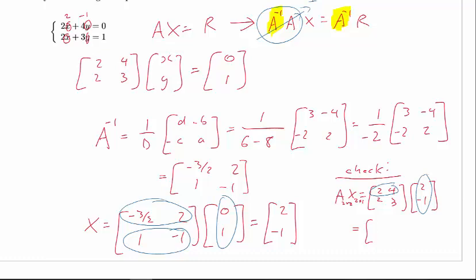And so when we run through this calculation, it is 4 minus 4, which is 0. That's what we're expecting. And then the next one, the 2 and 3 are going to be multiplying into that column.